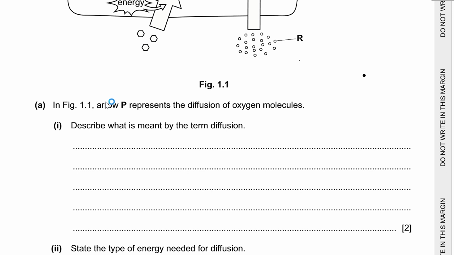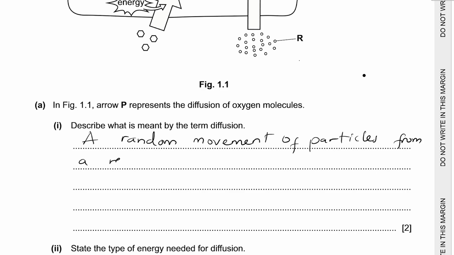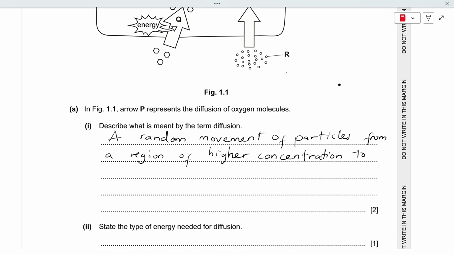So we can say diffusion is a random movement of particles from a region of higher concentration to lower concentration.